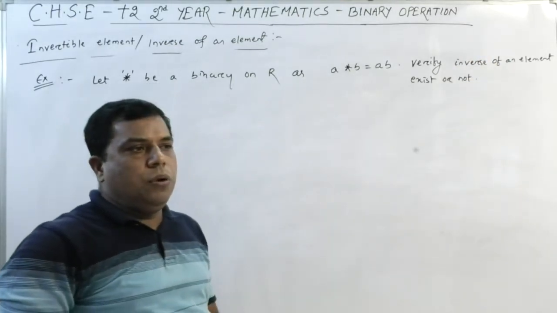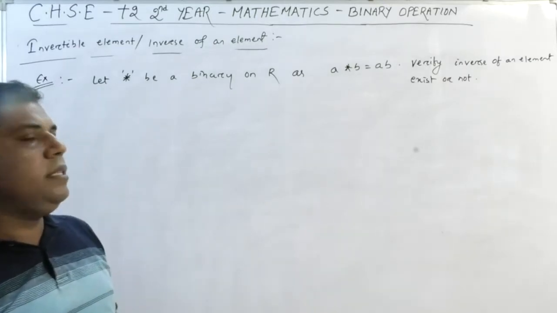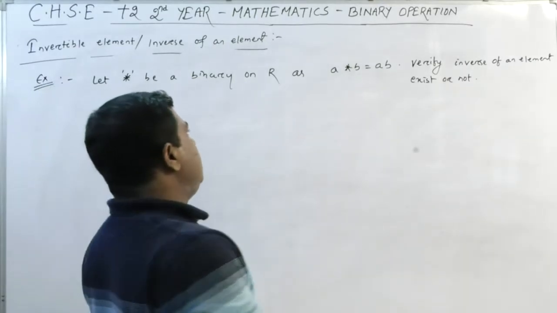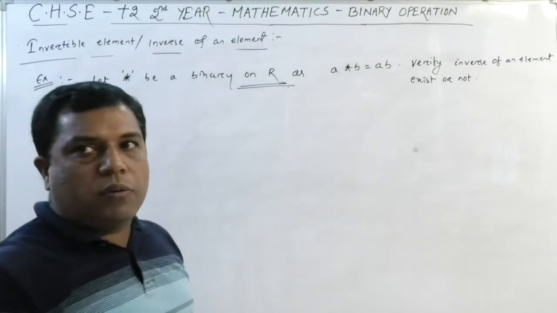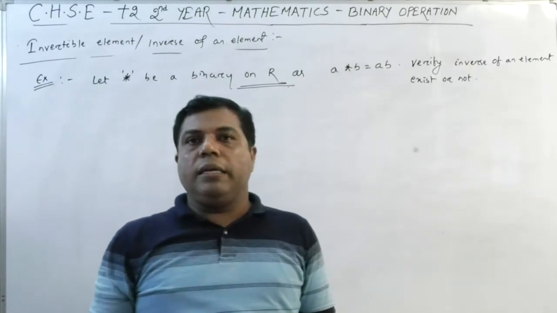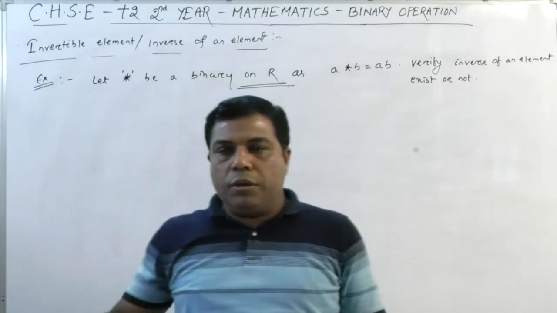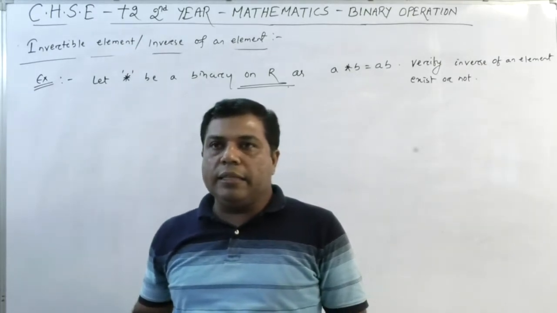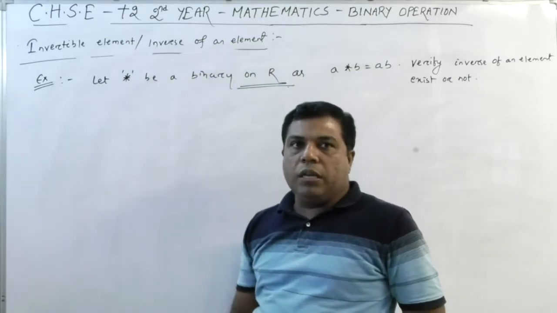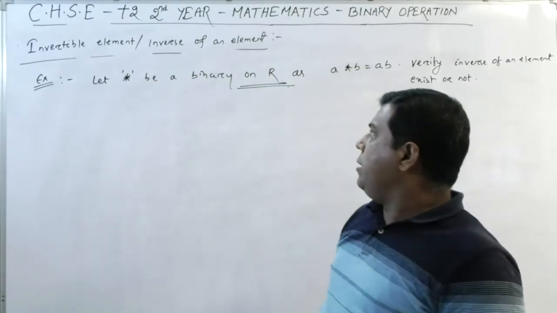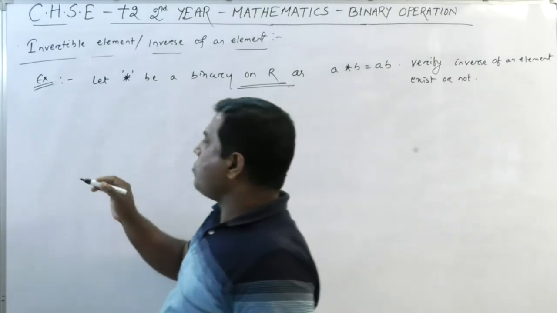Clearly we know A star B is equal to AB and it is defined on R. So clearly here star is a binary operation. First of all we have to check whether it is a binary operation or not. So here we take an example where the star is obviously a binary operation.